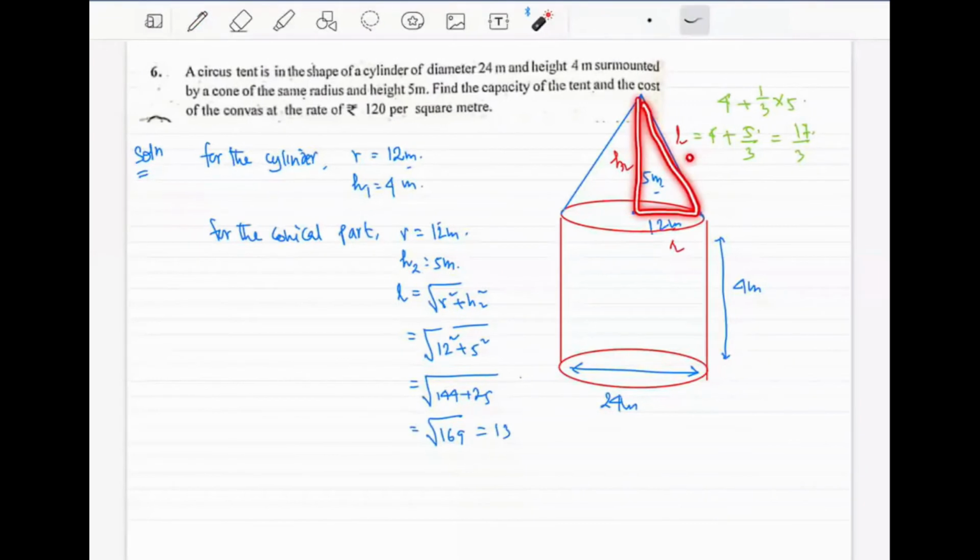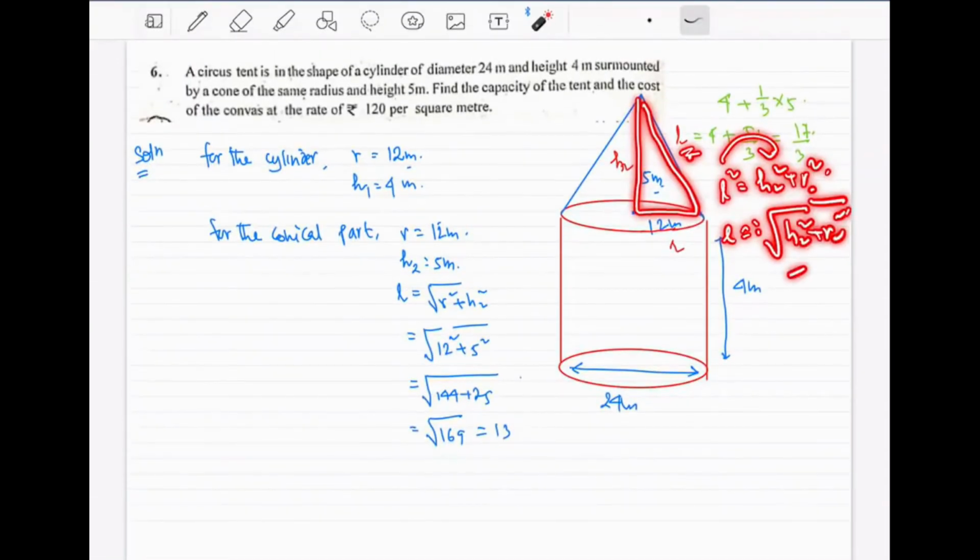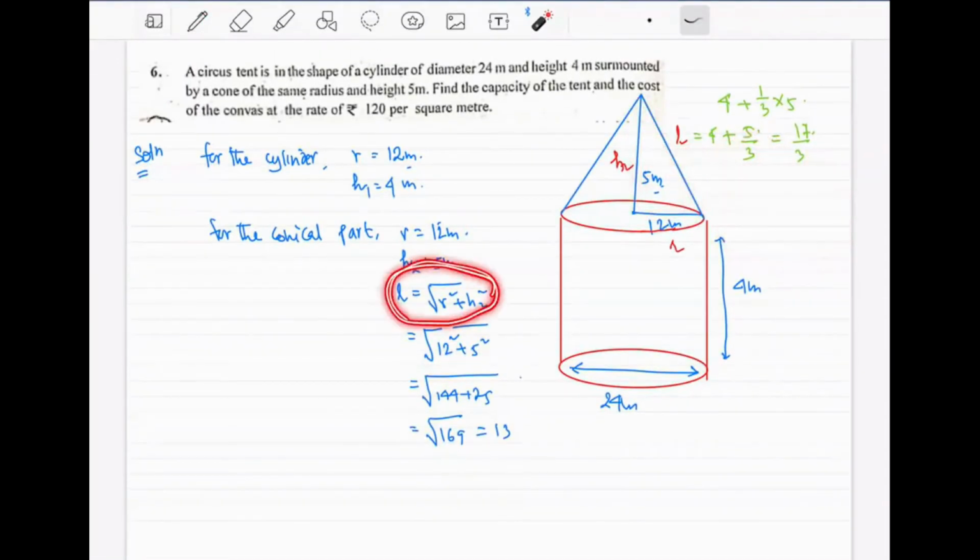So we can use Pythagoras theorem here, right? Hypotenuse square is equal to height square plus radius square. And if I find out the L, the square will go to the other side and it will become root over. That's how this formula comes into being. And we put in the value as given, and we find out that slant height is 13.